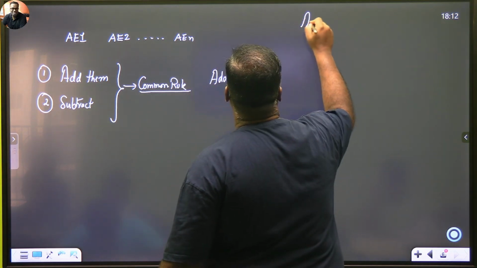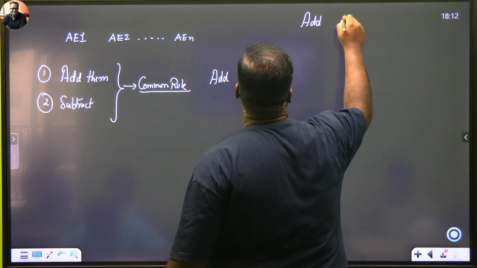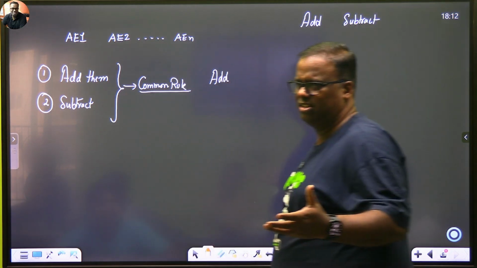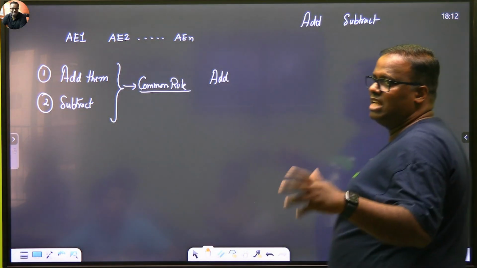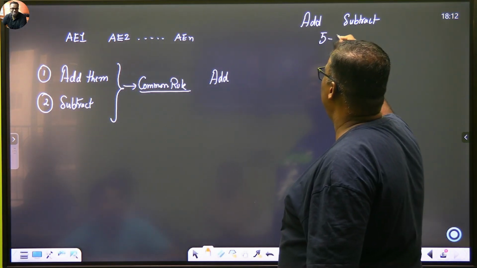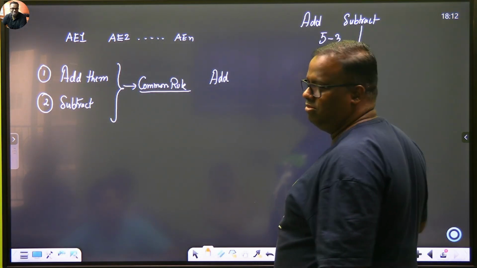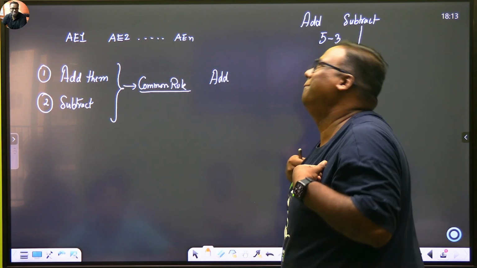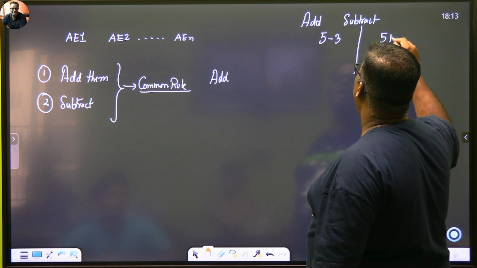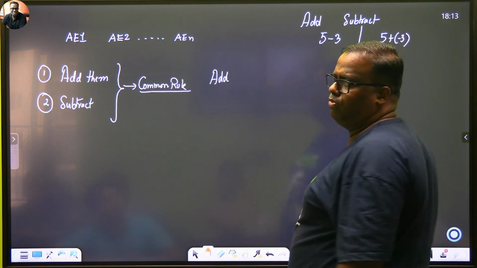One more thing you should remember from now on is add and subtract are not two different things. They're the same thing. Just adding the negative is called subtraction. So for example, when you are a kiddo, you will say 5 minus 3. Now, since you are grown up, you say, I am adding negative 3 with 5.